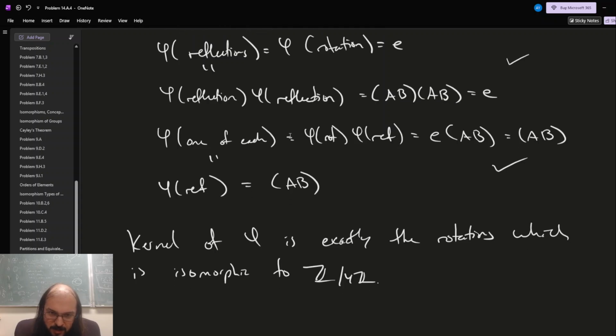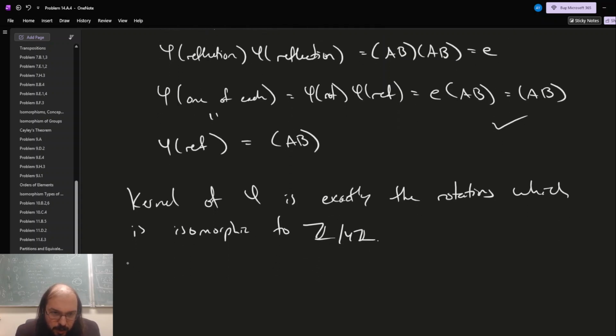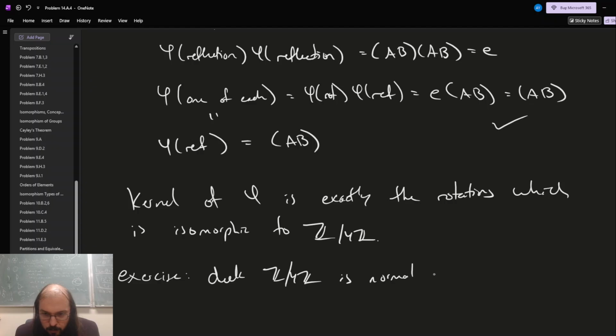And maybe as a little bit of an extra little exercise, you can check that Z mod 4Z is normal on your own, because it's not that much work, right? The geometrical considerations that we've been making this whole problem are very, very close to finishing that problem for you, but a good sanity check for you.